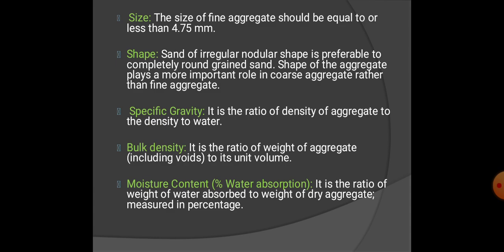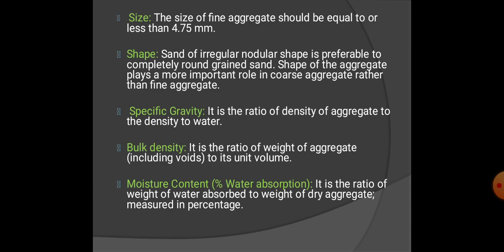The next one is specific gravity. Specific gravity of aggregate means the ratio of the density of aggregate to the density of water, that means W_a divided by W_w.